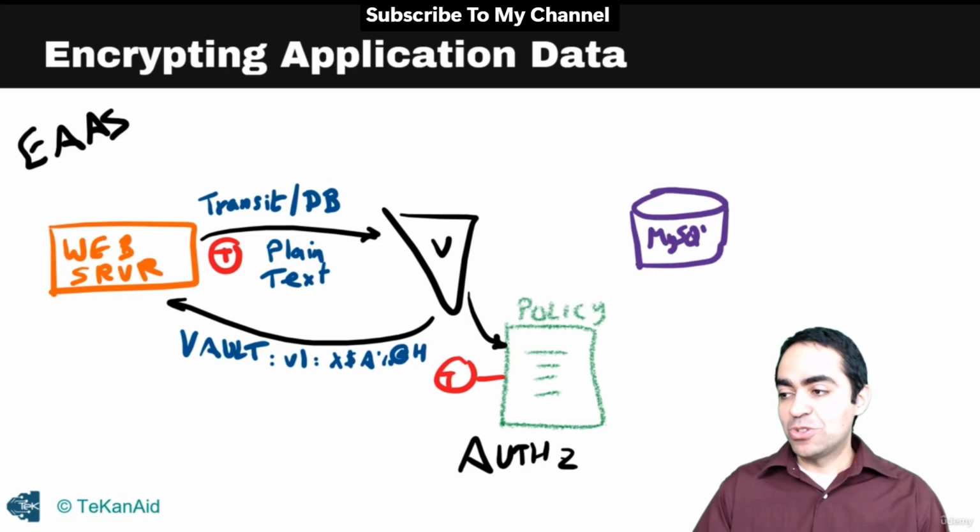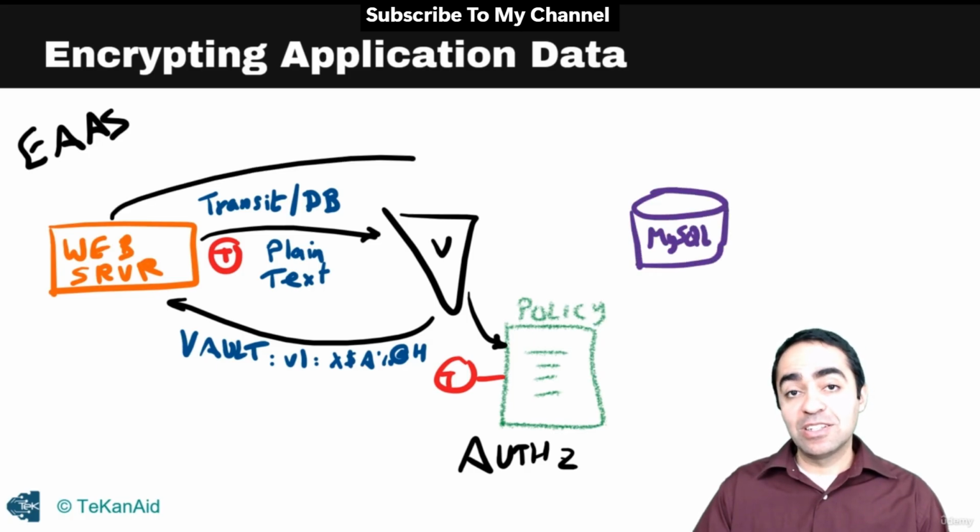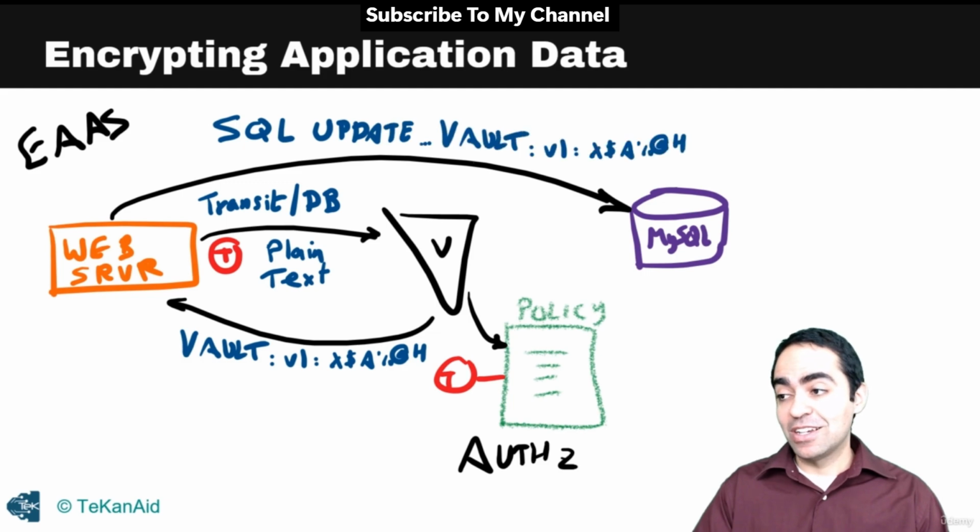Basically, the web server now can store this encrypted data inside of a database, let's say a MySQL database, and therefore if anybody accesses this database, this data is encrypted at rest and they can't really see anything.